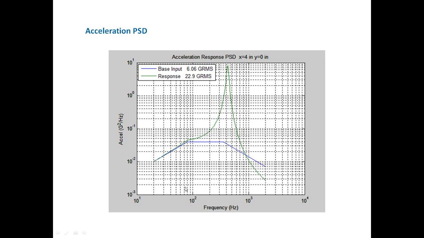So really, anytime we take a plate and we excite it on a shaker, it is very common to see a tremendous amount of dynamic amplification. I think that's about 14 or so dB higher in terms of the difference between the response and the base input. You can verify that on your own, but there's a tremendous amount of amplification occurring there.